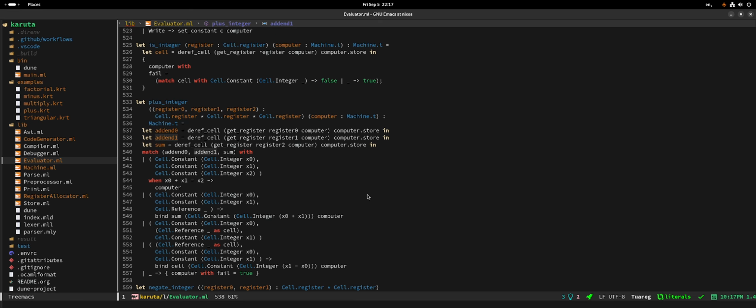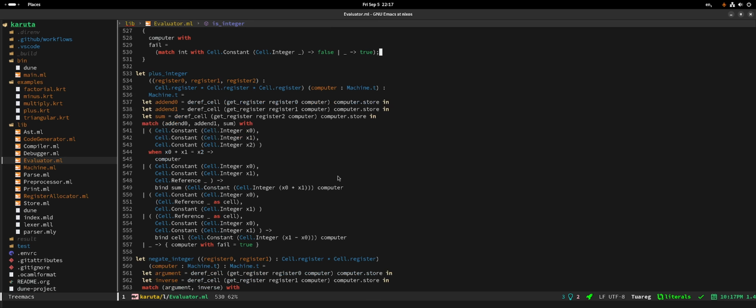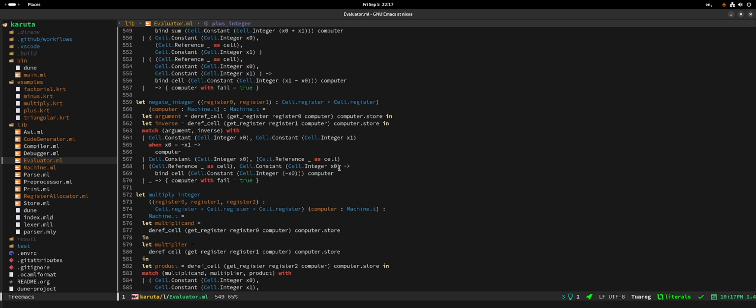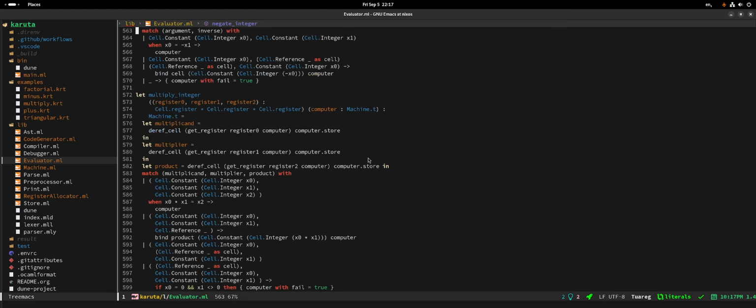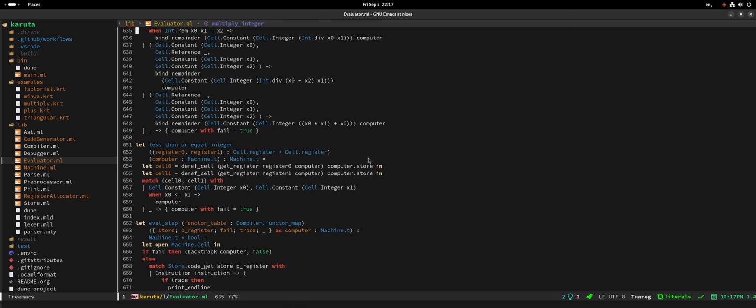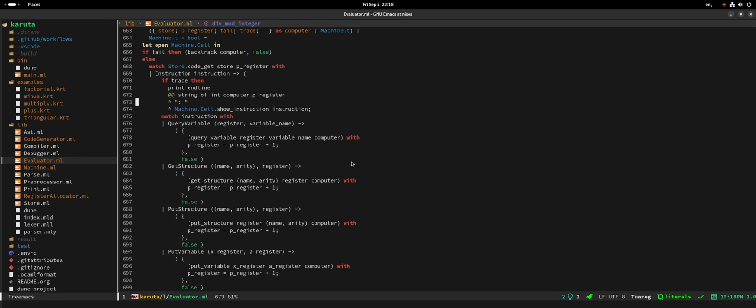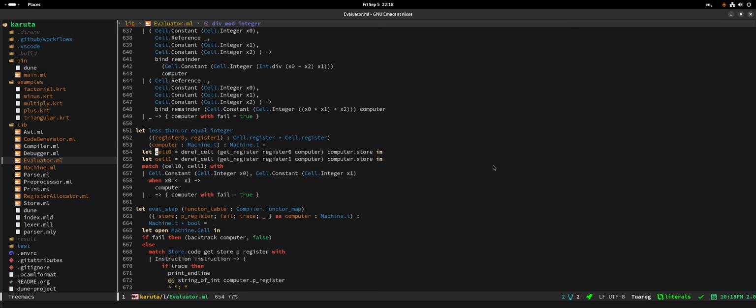Okay. Oops. Okay, so there. Argument and inverse, multiplicand, multiplier, product, then that. What about the less than or equal?